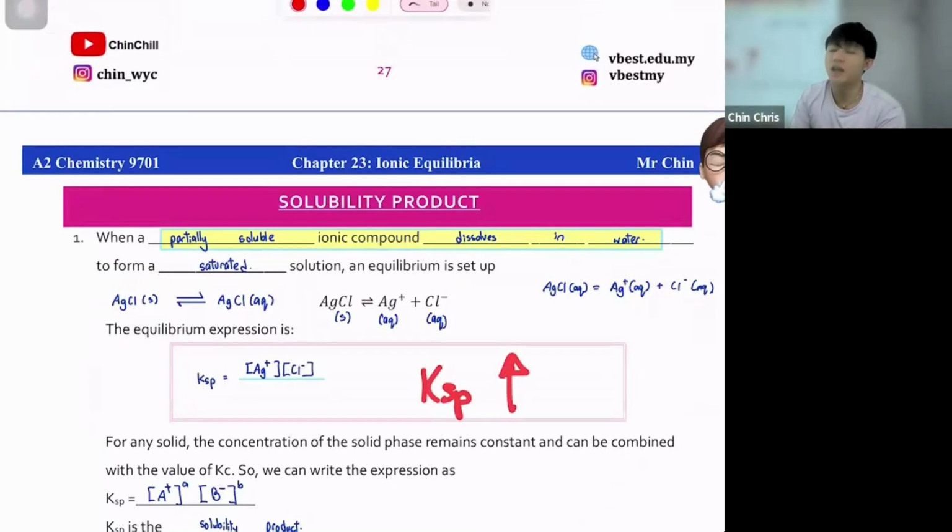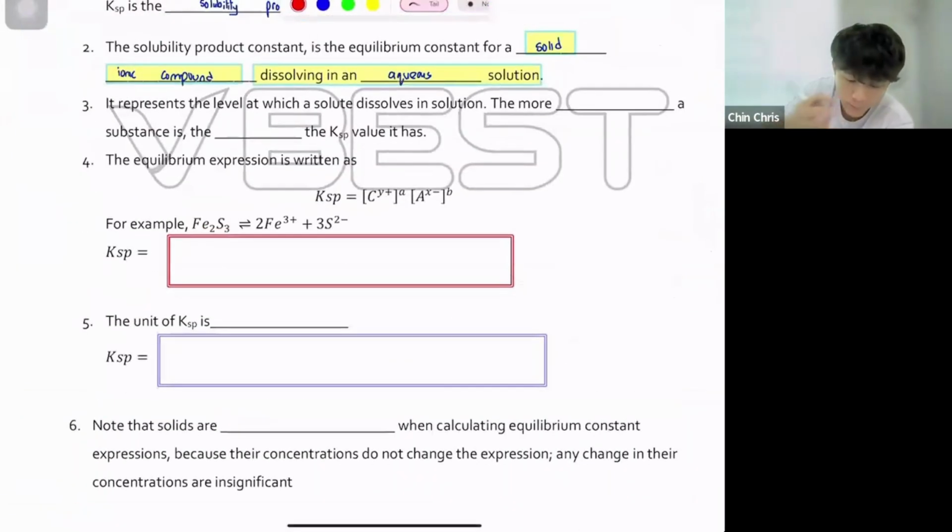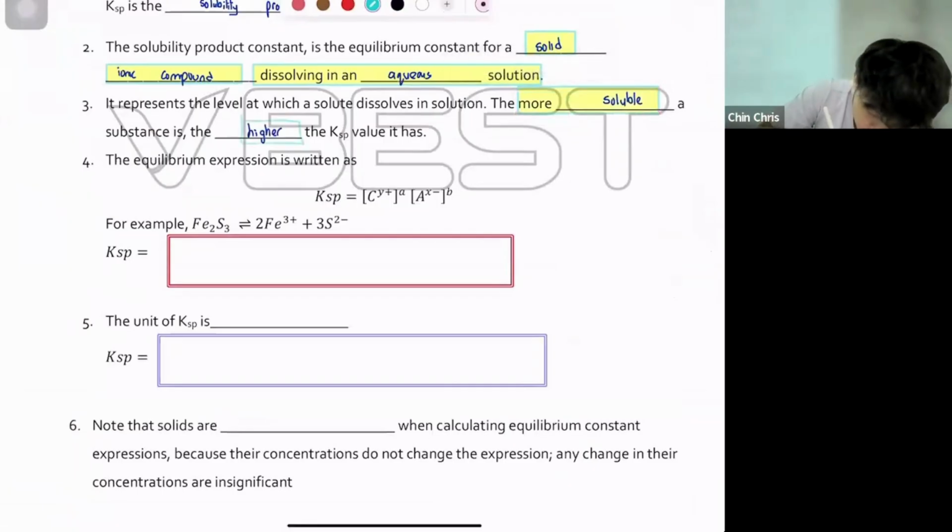Why? Because when Ksp increases, the direction of equilibrium shifts to the right, which means more solid will dissolve. Well done. So again, the more soluble a substance is, the higher the Ksp value. More soluble, higher Ksp. Easy.